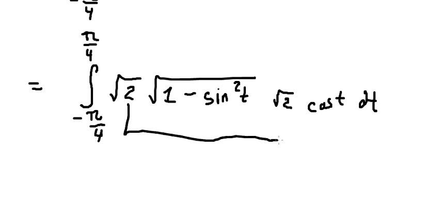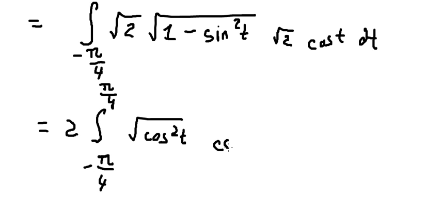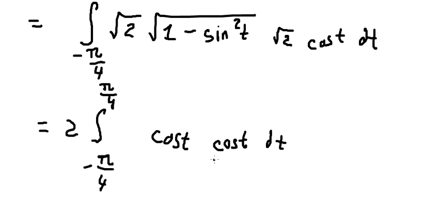So the square root of 2 and the square root of 2, we have 2. This one is cosine squared t. And then this one we have cosine t. So cosine t and cosine t, we have cosine squared t.